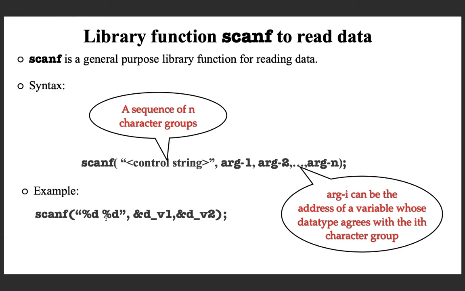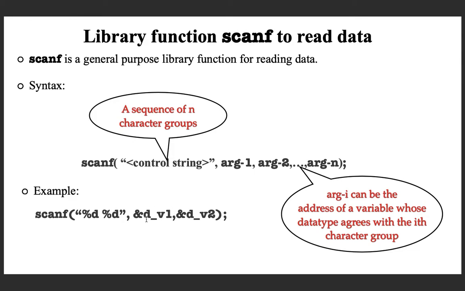Example, here there are two groups of characters which is %d 2 times, and it stands for percentage is the control character. It says that I am going to read a decimal integer and the address of a decimal integer must be here, and so two decimal integers are going to be read.